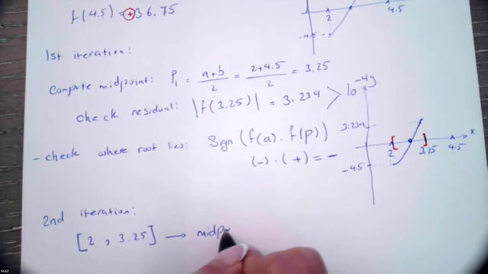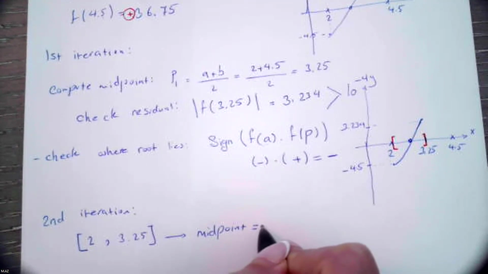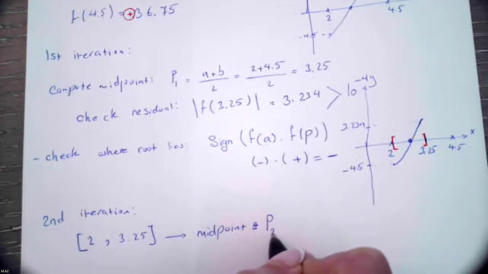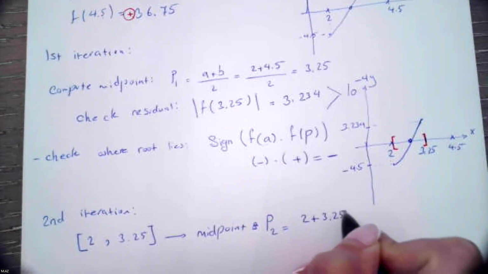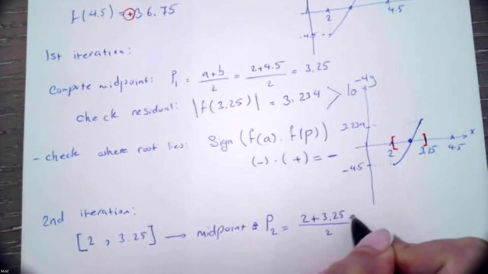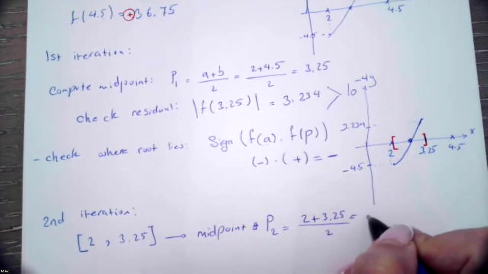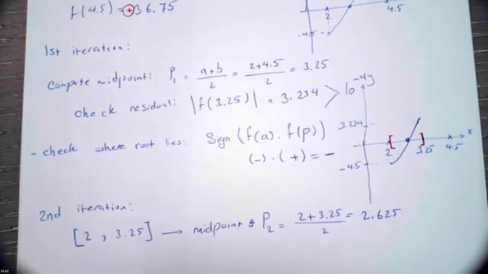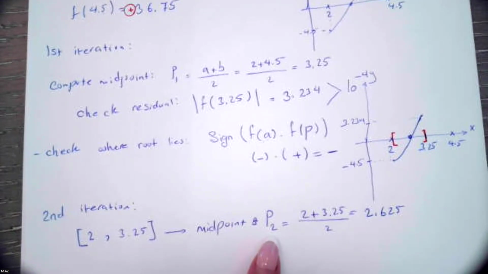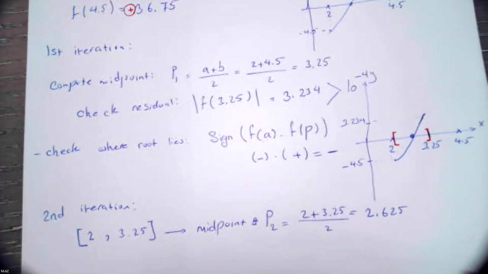The midpoint, as P2, is 2 plus 3.25 over 2, and the answer is 2.625. This is the new midpoint. Now we have to check the residual and iterative convergence.